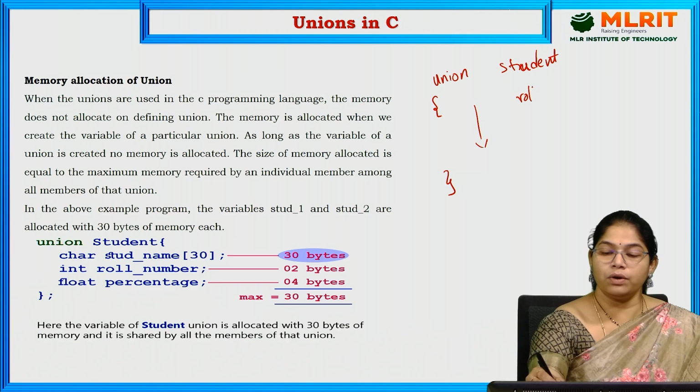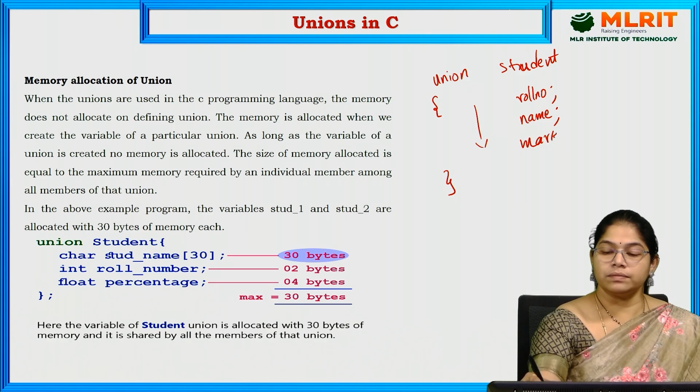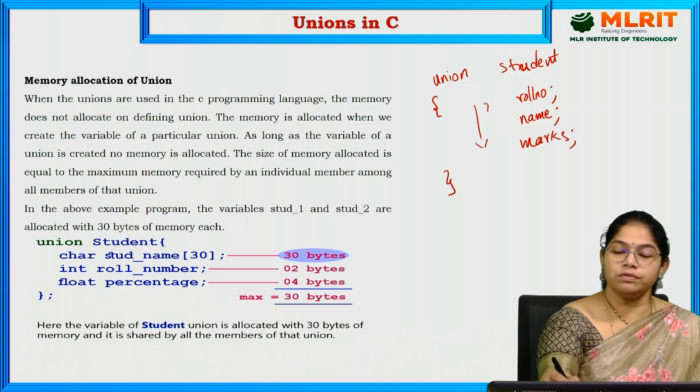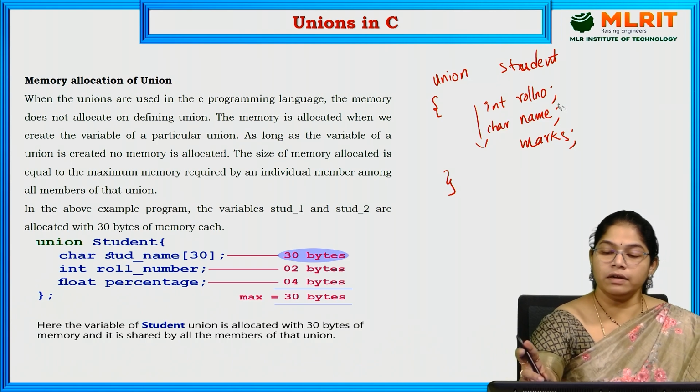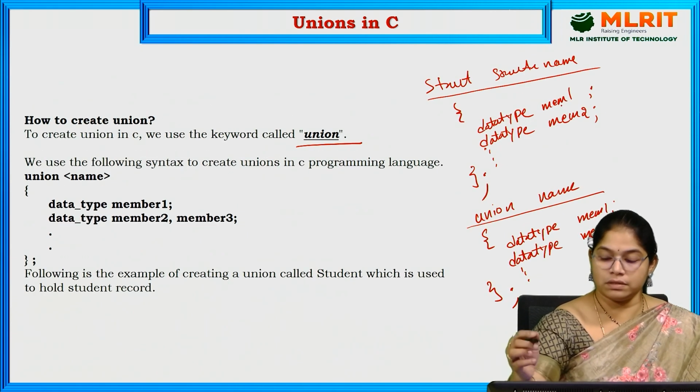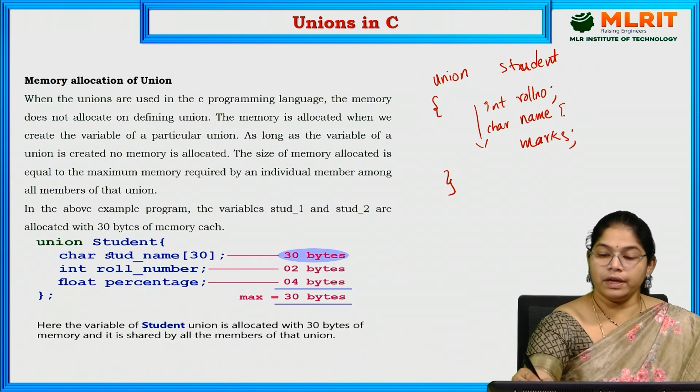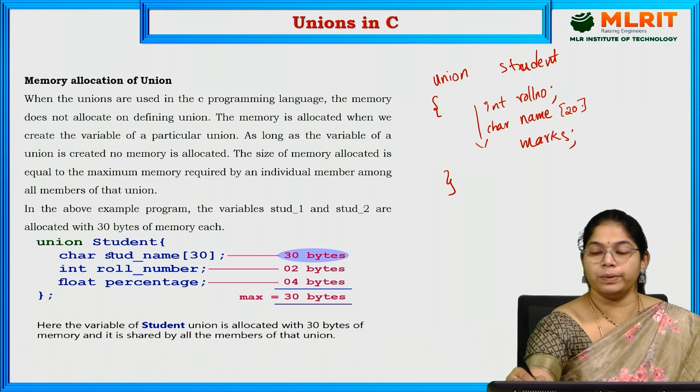That is roll number, name, marks. Roll number is of type integer. Name is of type character, but here we consider an array of characters, say 20.